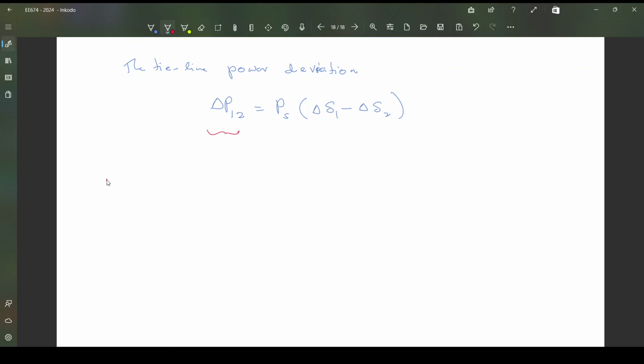So you can say that the tie line power flow appears as load increases in one area and the load decreases in the other area.